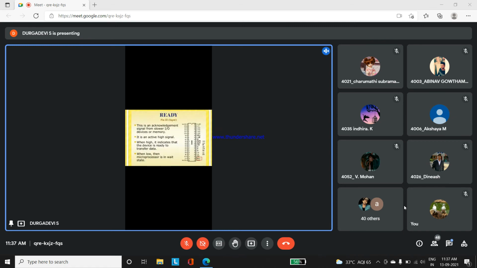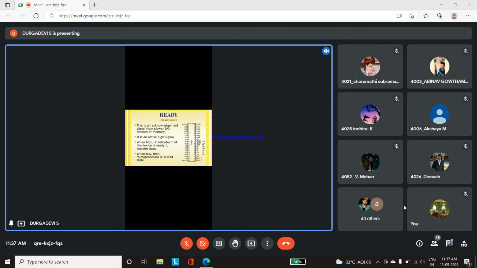This is very, very important. See, ready signal, pin number 22, READY. It's an input signal. From where is this input coming? See, your processor is connected to your input and output device. When you compare the speed, processor speed is high compared to your input and output device.